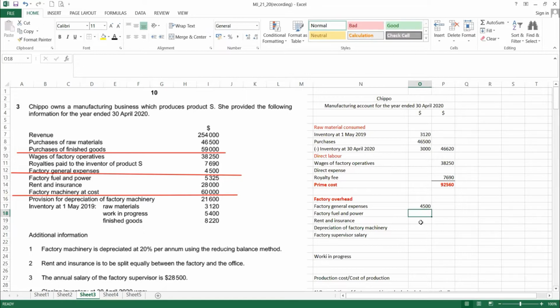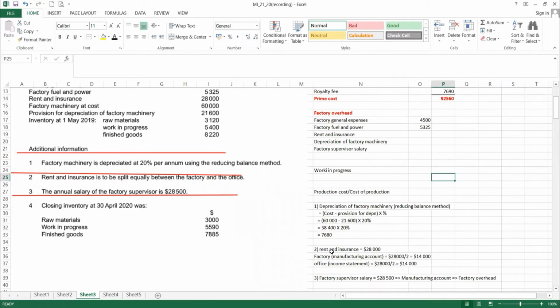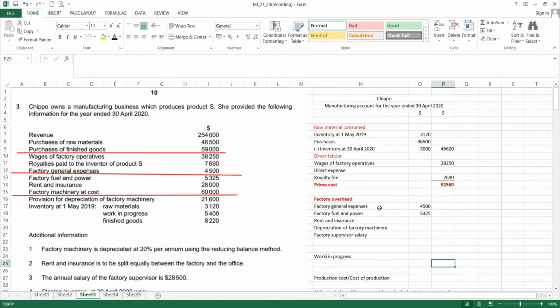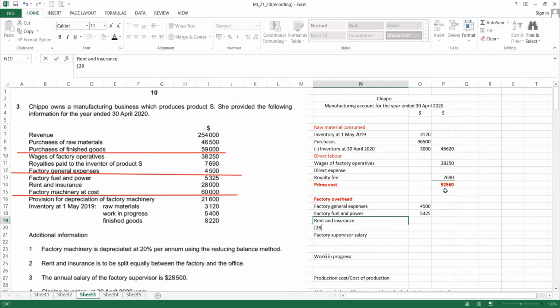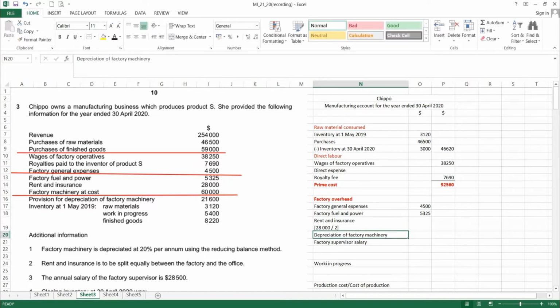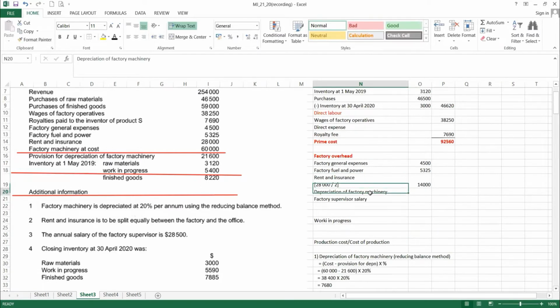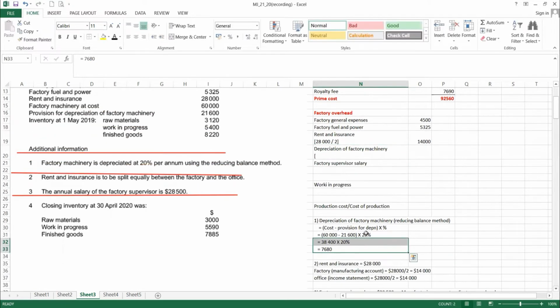Then factory fuels and power also they didn't mention anything, so we just straight away take the amount. But as for rent and insurance, they mentioned in the number 2 information. They say that split into half. So in this case, you show your working. Show the working, how you get the number. 28,000 divided by 2. So you get this amount, 14,000. Show the working beside your detail. And same thing, the depreciation. Okay, show your working, how you get the number. So I take this amount.